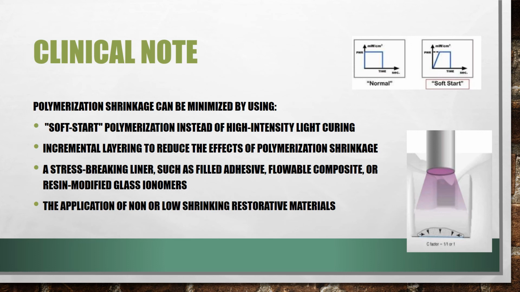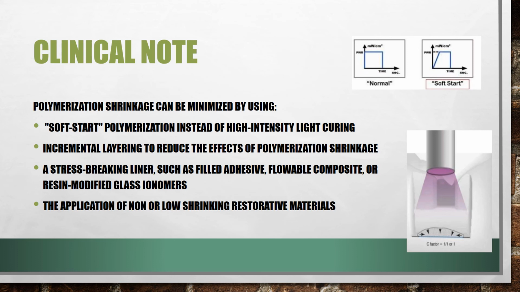So when you're light curing your composite, it should have a soft start. That means you are going to cure the composite at low intensity instead of a high intensity. So initially you're starting with a low intensity light curing, and then with time you're going to gradually increase the intensity. So because of that the shrinkage will be minimized.